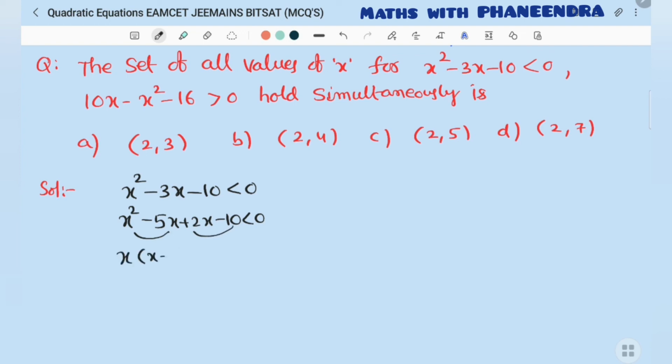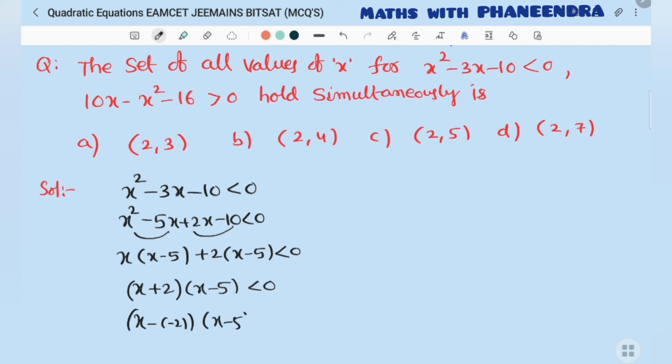So x into x minus 5 plus 2 into x minus 5 is less than 0. So x plus 2 into x minus 5 is less than 0. We can write it as x belongs to open interval of minus 2 comma 5.